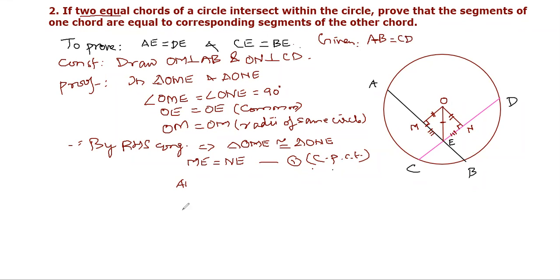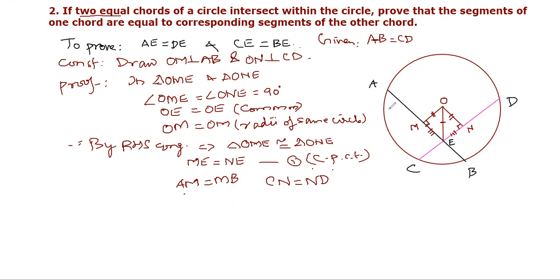Since AB is bisected at M, AM is equal to MB, and similarly CN is equal to ND.